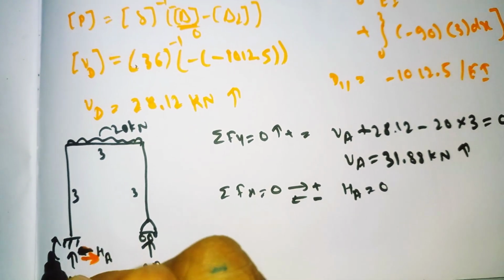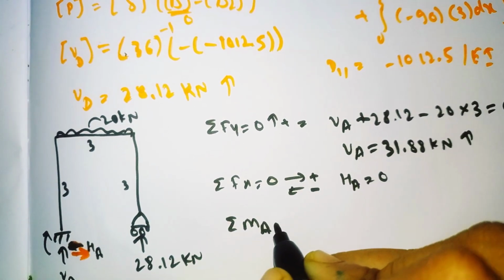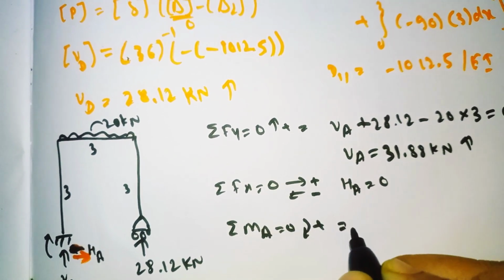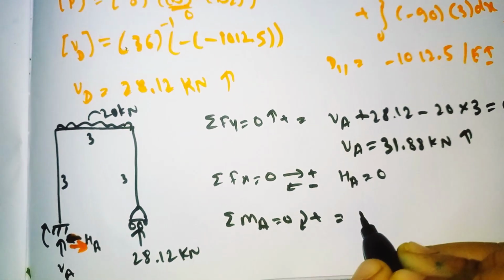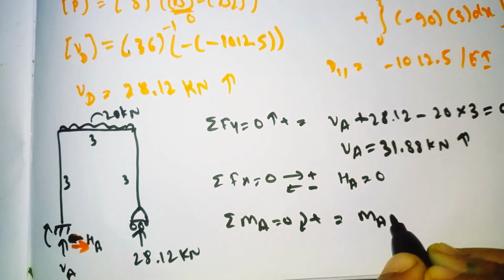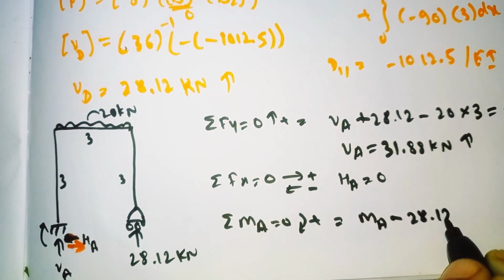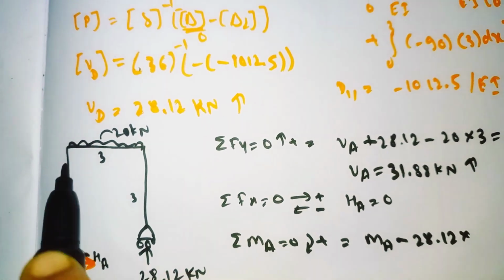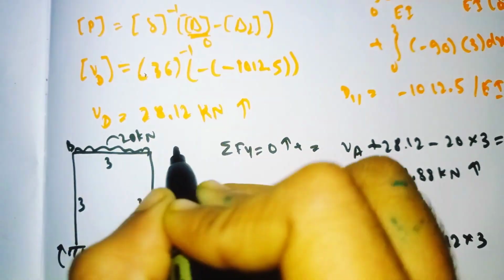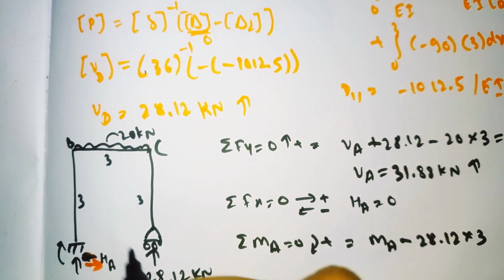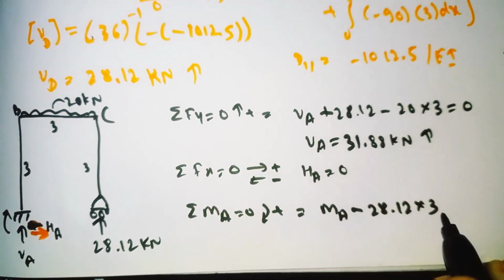Similarly we need to find the moment. I'm considering clockwise as positive, summation of all the moments about point A is equal to 0. Considering positive, MA minus, it moves anti-clockwise, minus 28.12 into the perpendicular distance, which is BC, a length of 3 meters, so 28.12 into 3 meter.